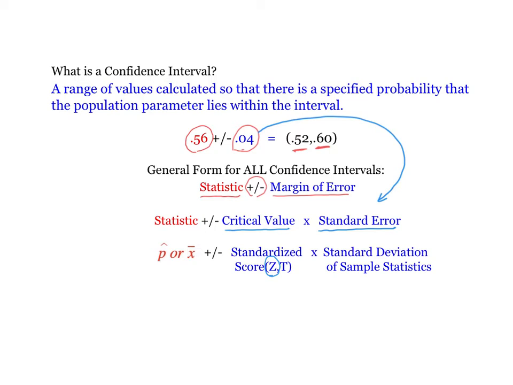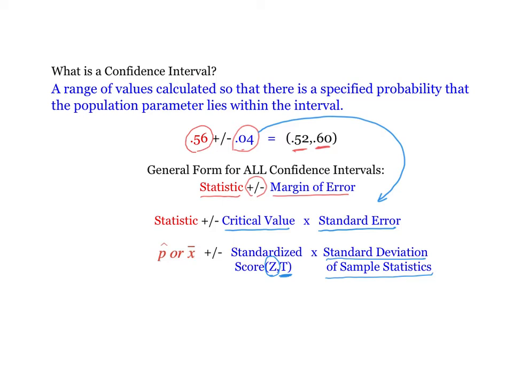But later on, when we do this for sample means, we're going to learn about a different kind of standardized score called a t-score. So in general, that standardized z-score or t-score will be called the critical value. And then the standard error is just a fancy way to say the standard deviation of sample statistics.